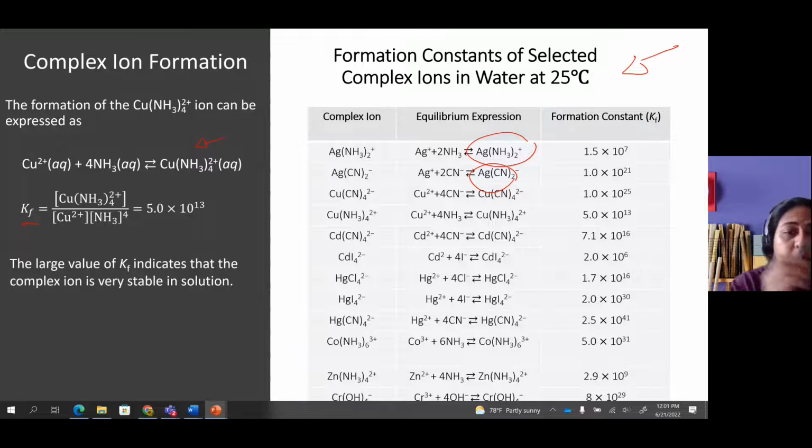The forward reaction should be written as the formation of the complex, and always in the formation constant you have the concentration of the complex in the numerator, and the concentrations of the reactants multiplied in the denominator. Again, if Kf is large, the complex is very stable.